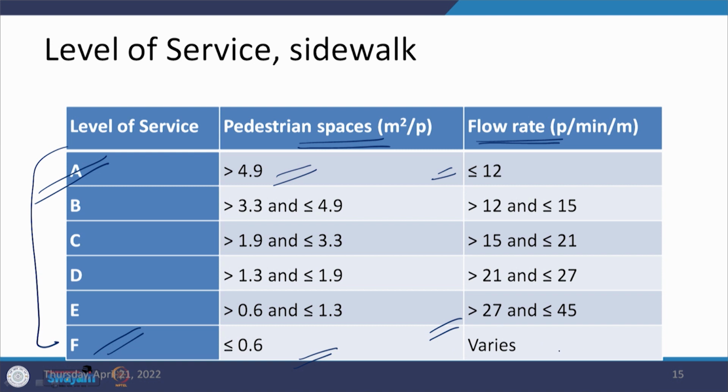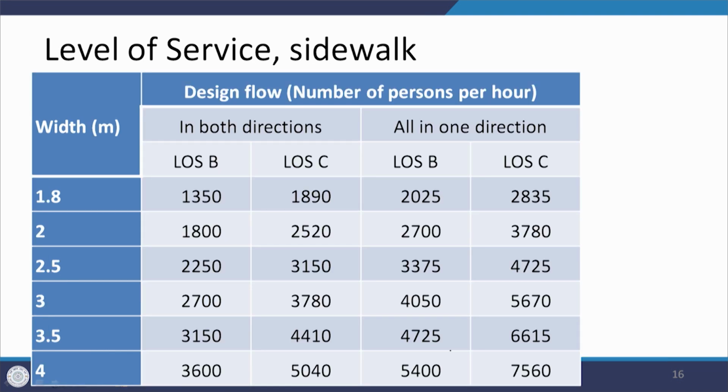Now, when we look at these levels of service in the sidewalks, usually we work in the area of B and C. The values defined for different widths of the footpaths are mentioned here. There are two things talked about: one is that the movement is in both directions, and another is that the movement is only in one direction.